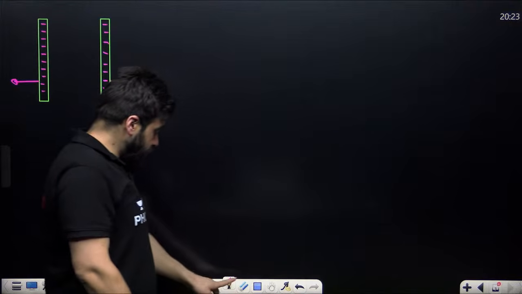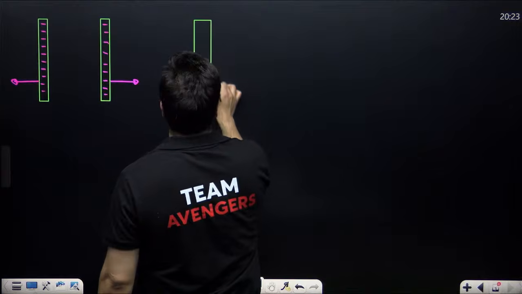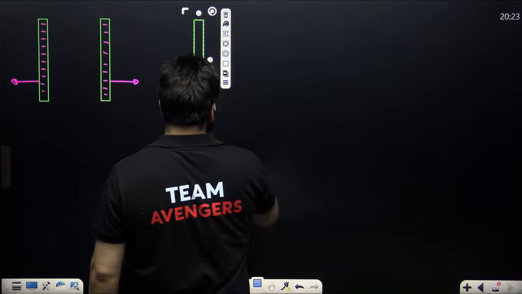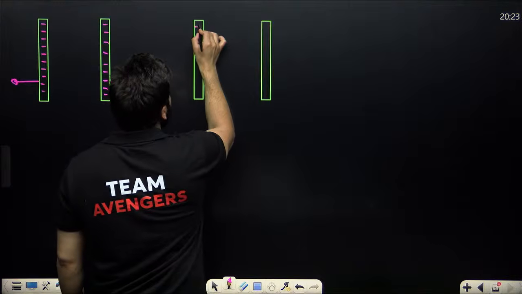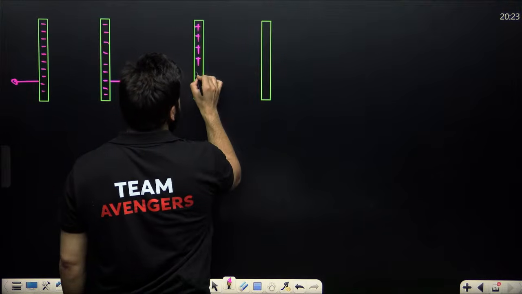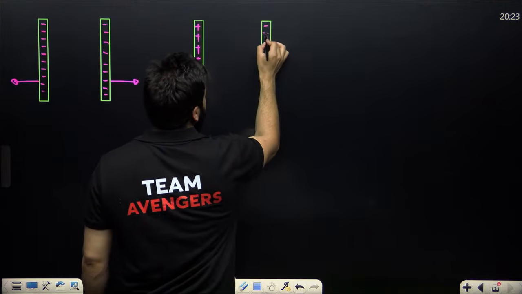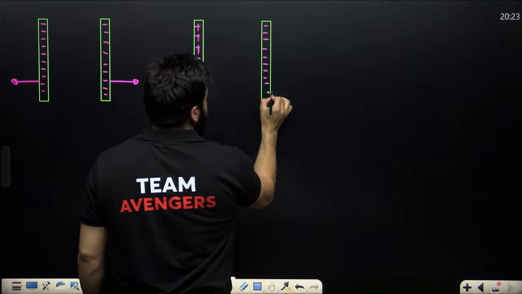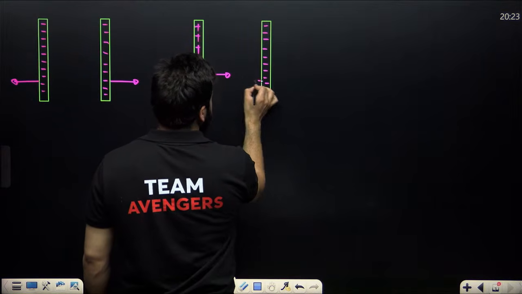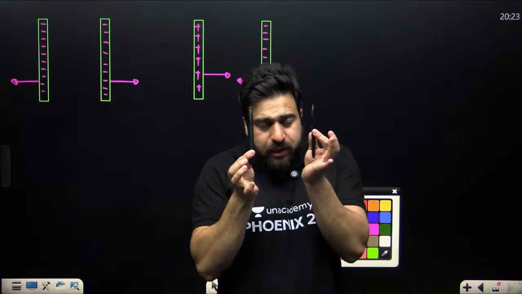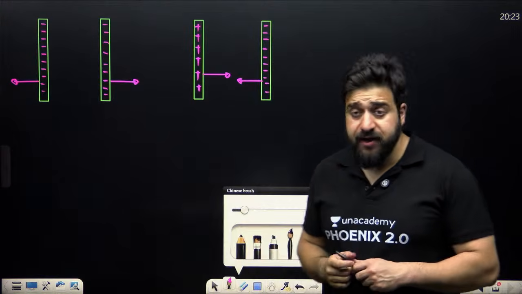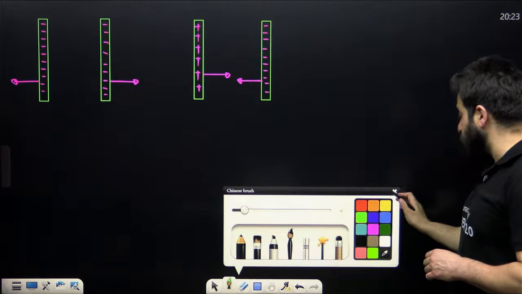Like charges repel. If I say, my dear NEET aspirants, you have got a rod over here, and on one rod you have got positive charge, and on another rod you have got negative charge. We say these are going to attract. So from this, my dear NEET aspirants, positive and negative charge attract each other, negative, negative repel, and positive, positive repel.